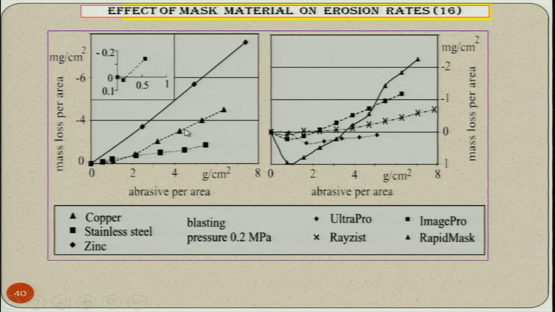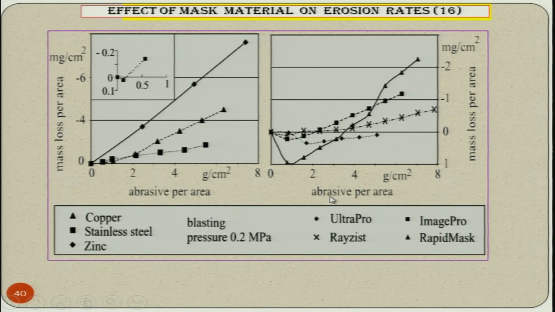So, you have the in-between mass loss of the copper per unit area. You should try to understand this phenomenon with the help of the physics also. You connect it to the equation which I had given you earlier, and you will find that the lower the hardness of the workpiece material, the higher will be the mass loss per unit area.